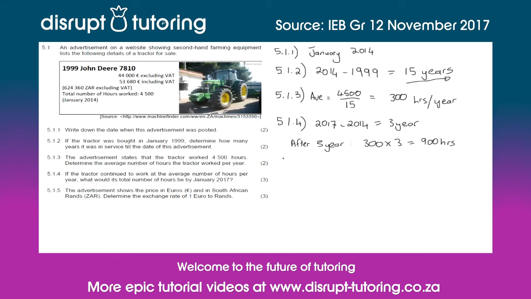Therefore, they want us to find out the total hours by 2017, and remember in the previous 15 years it had worked 4,500 hours plus the additional 900 hours for the next 3 years. So this is going to equal 5,400 hours.